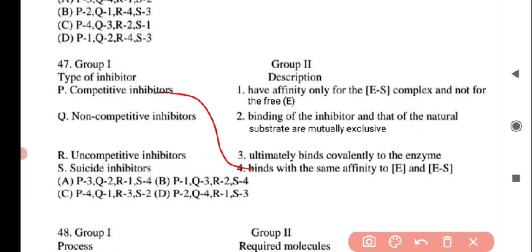And for the second inhibitor, that is non-competitive inhibitor, the correct answer is option number 1, that is have affinity only for the ES complex and not for the free E. Next is uncompetitive inhibitors. For this, the correct answer is option number 3, that is ultimately binds covalently to the enzyme. And for option S, that is suicide inhibitor, the correct answer is option number 2, that is binding of the inhibitor and that of the natural substrate are mutually exclusive. So for this question, option C is correct.